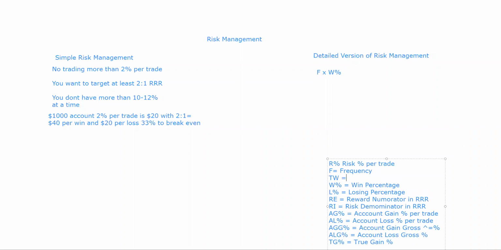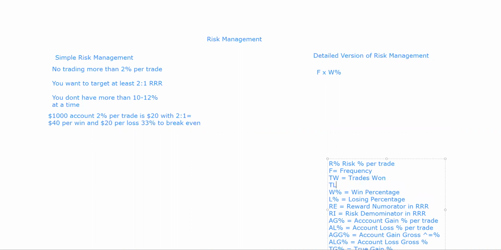TW equals trades won. TL, which doesn't equal timeline, equals trades lost. Okay. That's going to equal your trades won.